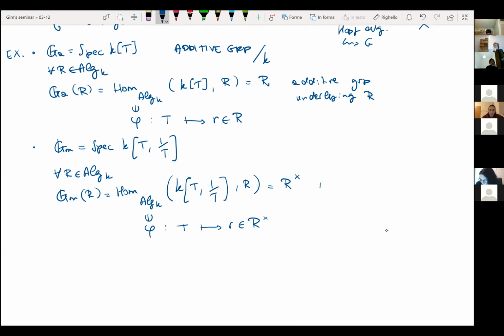So this can be seen as the multiplicative group R^x. And so the affine group scheme G_m is called the multiplicative group scheme over K.